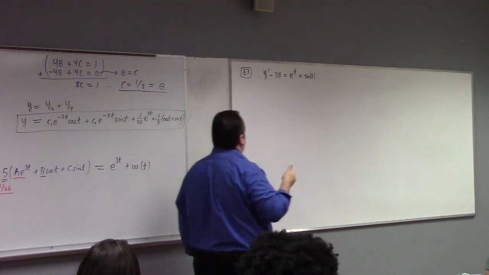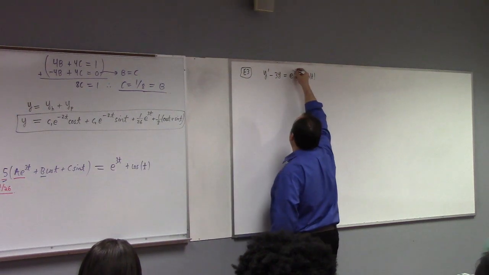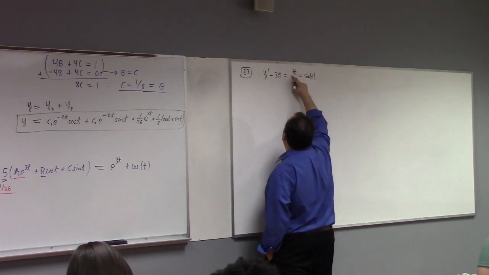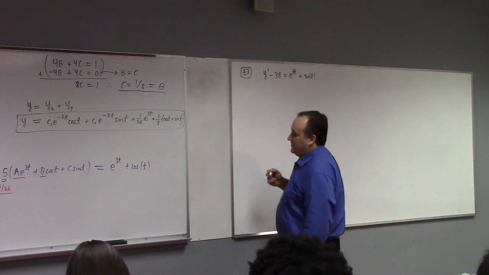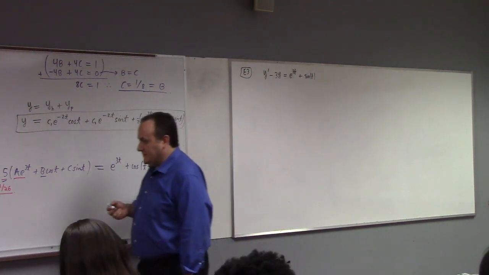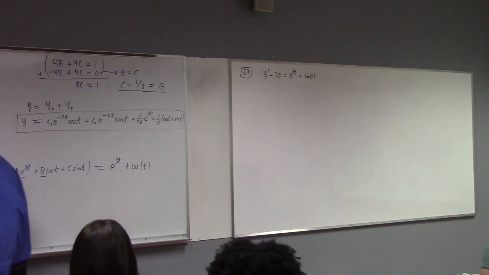Oh, my bad. This will still work. I need to make that a 3. There we go. That's going to be a fly in our ointment. Rain on your wedding day, et cetera, et cetera.